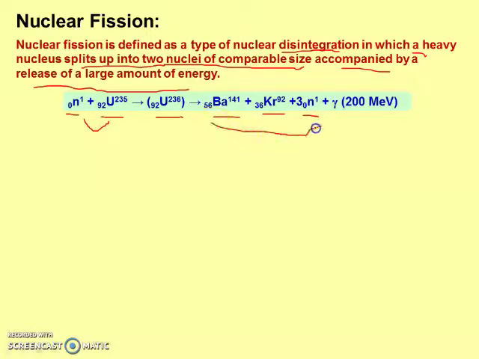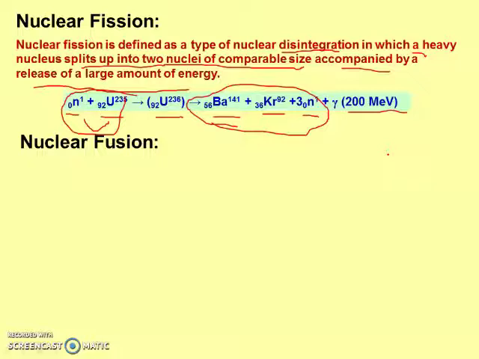Now the mass of the products is less than the mass of the reactants. So at the cost of this mass defect, a large amount of energy is produced. This is called nuclear fission. So nuclear fission is the process in which a heavy nucleus splits into light nuclei along with liberation of energy.